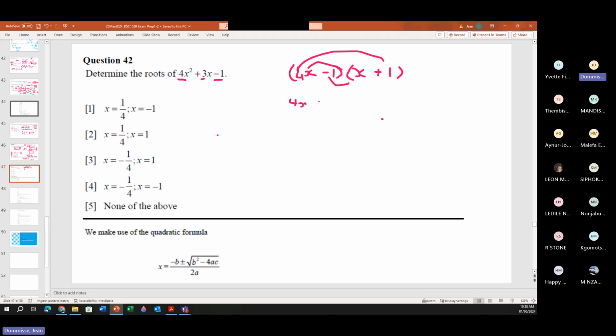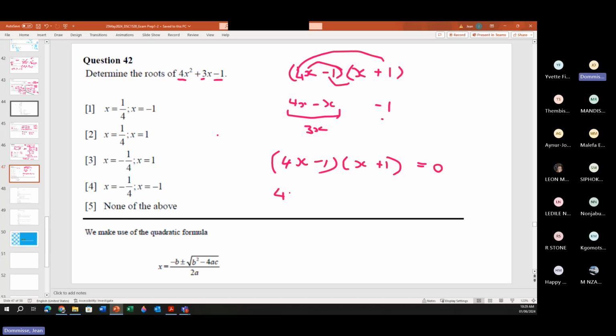That gives me minus x, which does give me the 3x. And minus 1 times positive 1 does give me the minus 1. Okay, so with factorization, we get that the factors are 4x minus 1 and x plus 1. That will be equal to 0 because we need to determine the root.